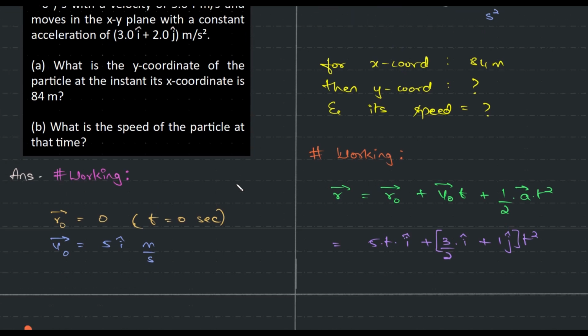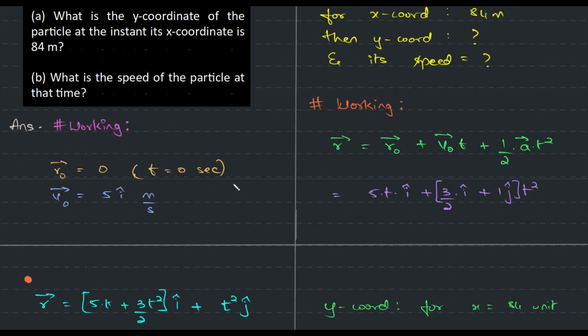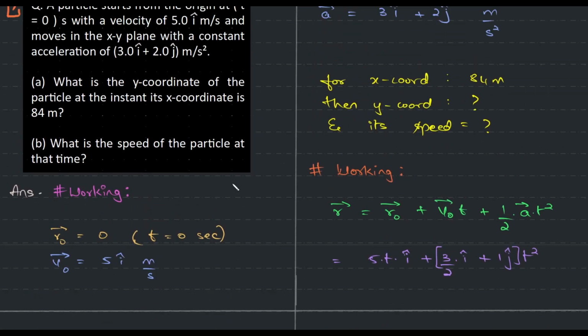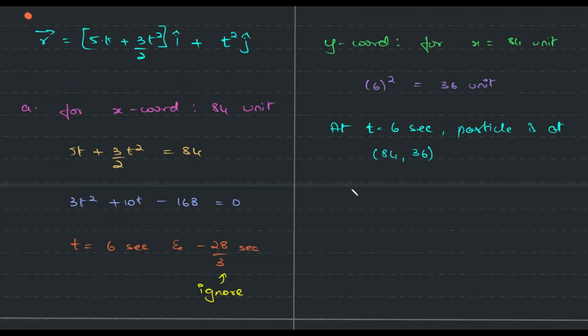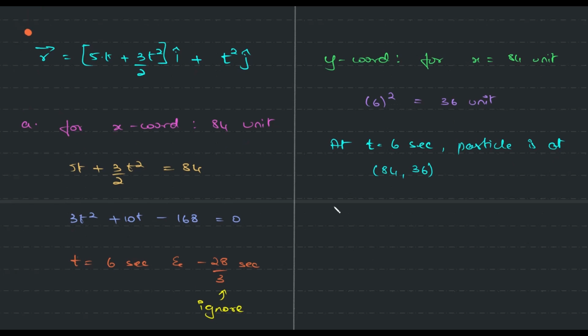What is the speed of the particle? Speed would be, acceleration is that. Now we need to do a bit more math. So the velocity as a function of time would look something like this: v naught plus a times t.